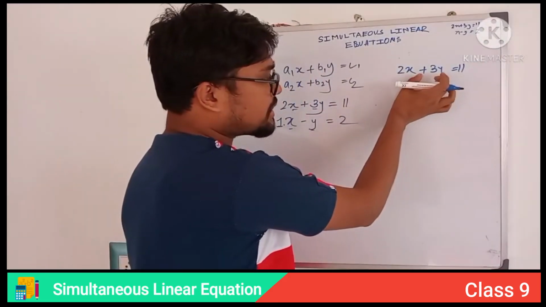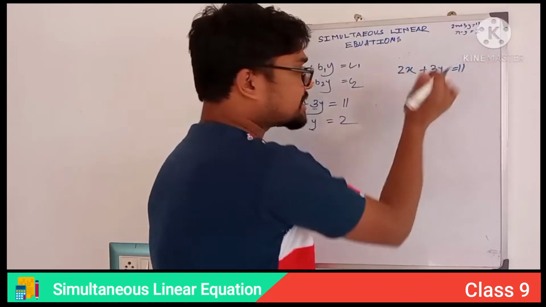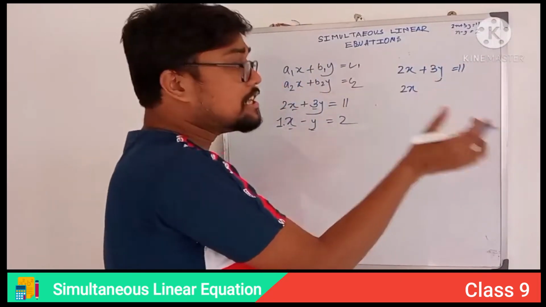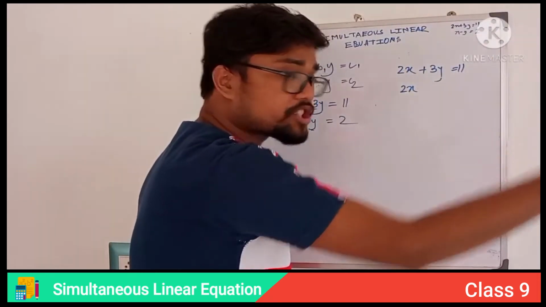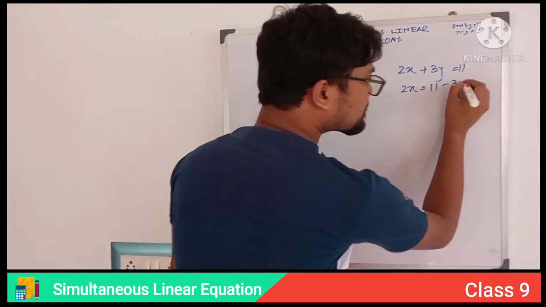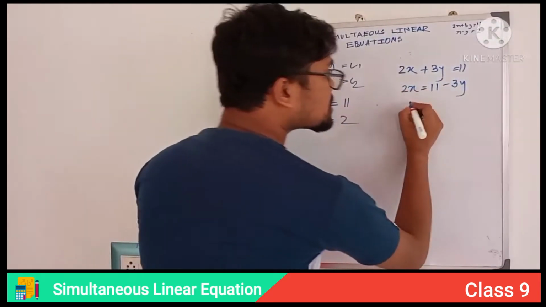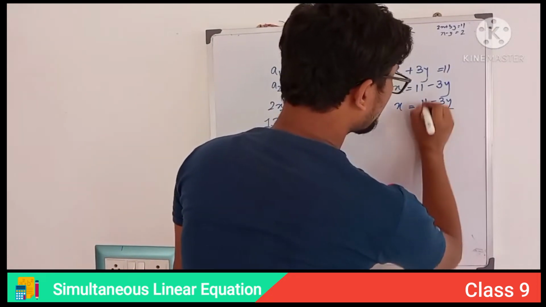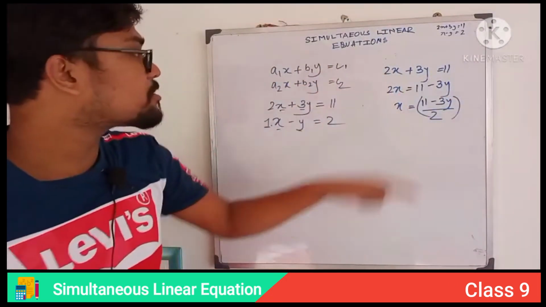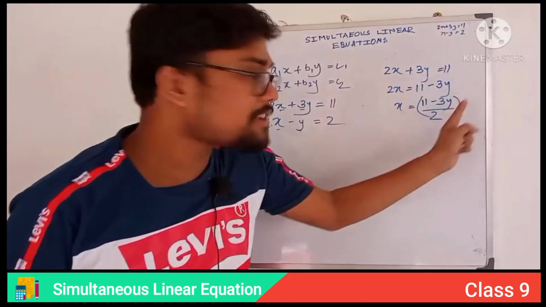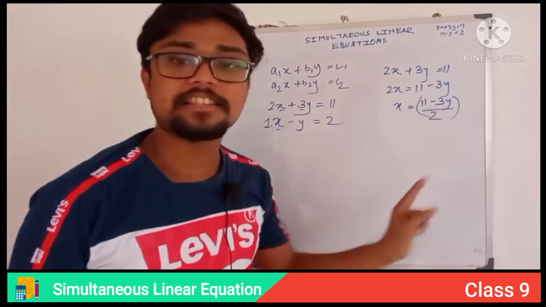Now I take 3y to the other side. This is plus, and when plus goes to the other side of the equation, we get minus. So 2x equal to 11 minus 3y. Now x equal to (11 minus 3y) by 2.